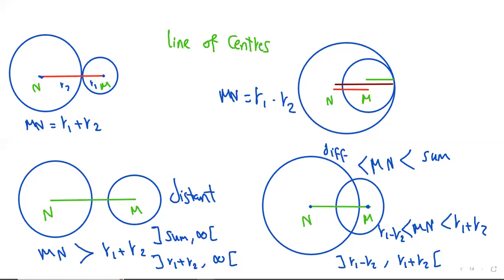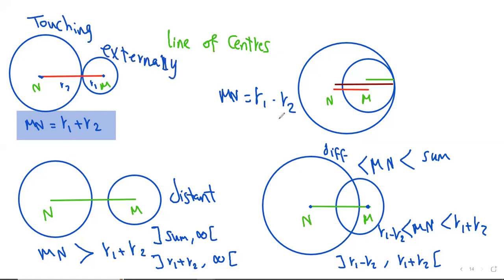So if the two circles are touching externally, MN equals the sum. Let's write here, they are touching externally. And if the two circles are touching internally, they are touching internally, so MN equals the difference.